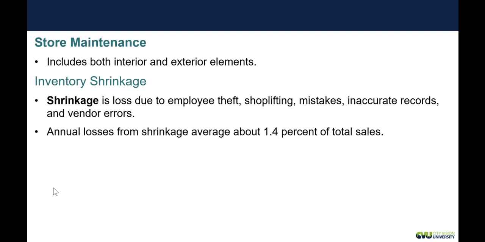We want to make sure that we have shrink less than that. This is a huge amount that companies lose every year. And so making sure that you have appropriate systems in place to make sure that you don't have lots of shoplifting or employee theft, right? Or inaccurate records, all these different things. This is a huge part of your job as a retail manager to maintain profitability.